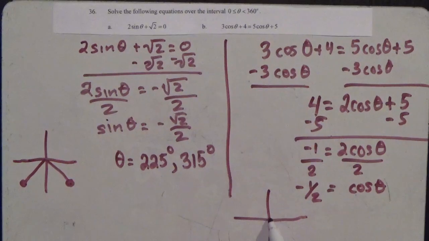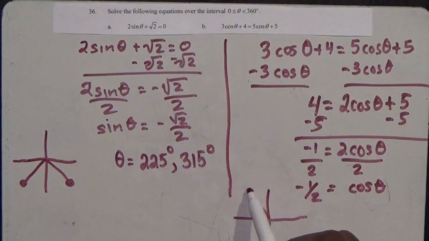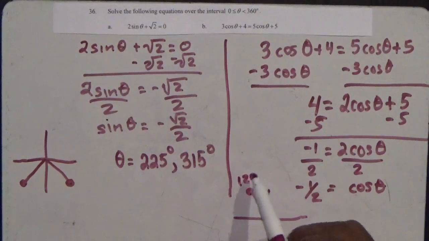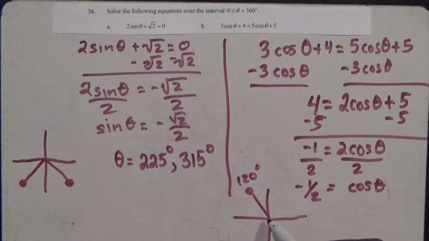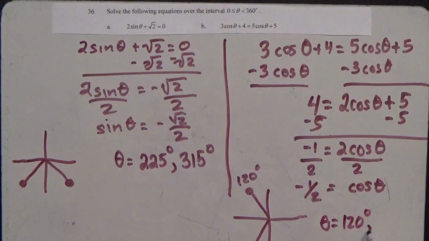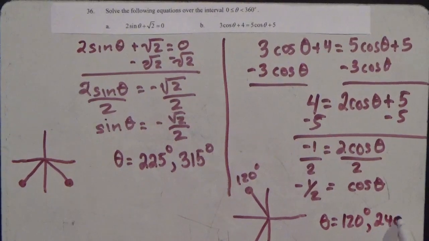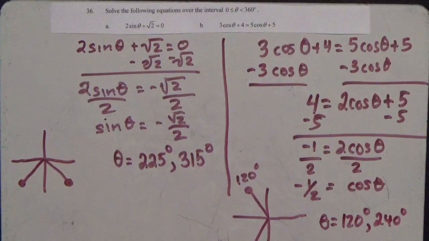We're going to go here, at 120, and here at 240. So theta is equal to 120 degrees and 240 degrees.